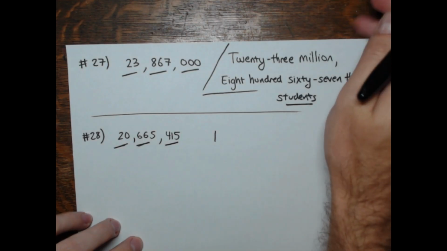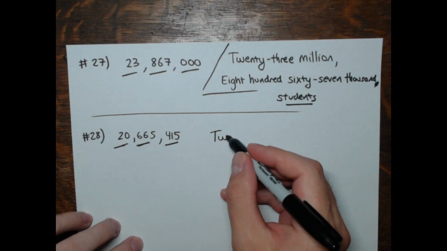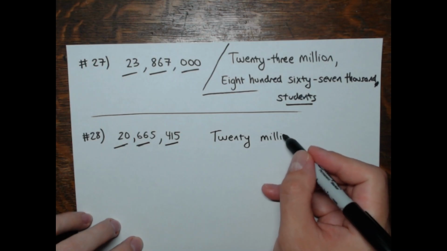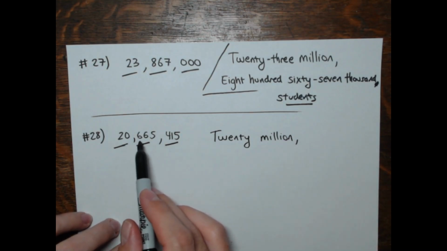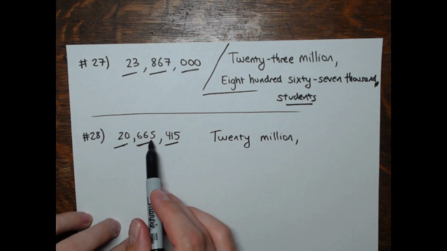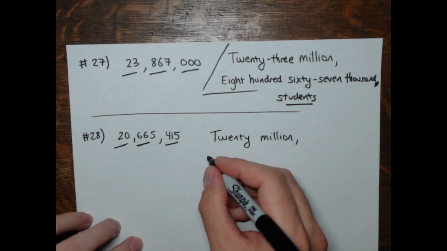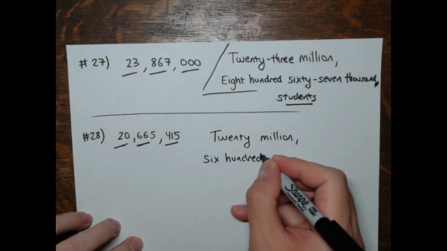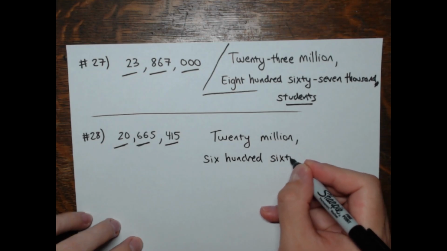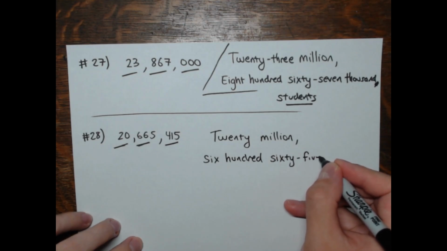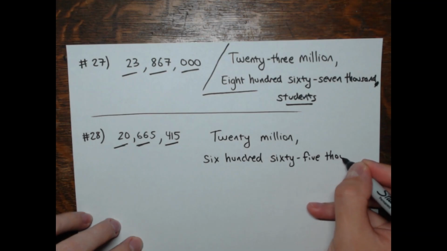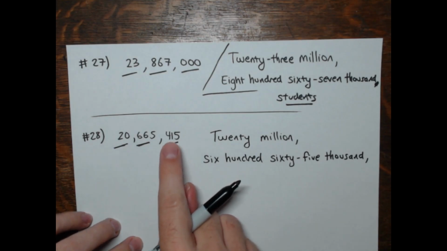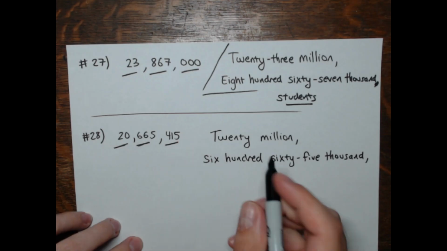So this has 20 million, comma, 665,000, comma, and the ones, 415.